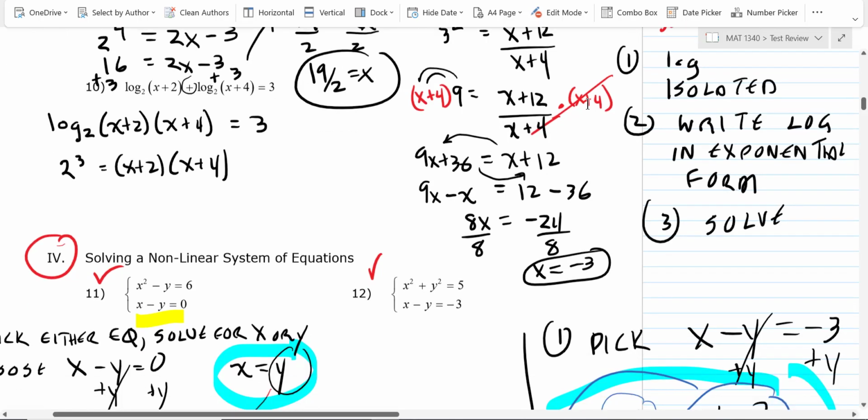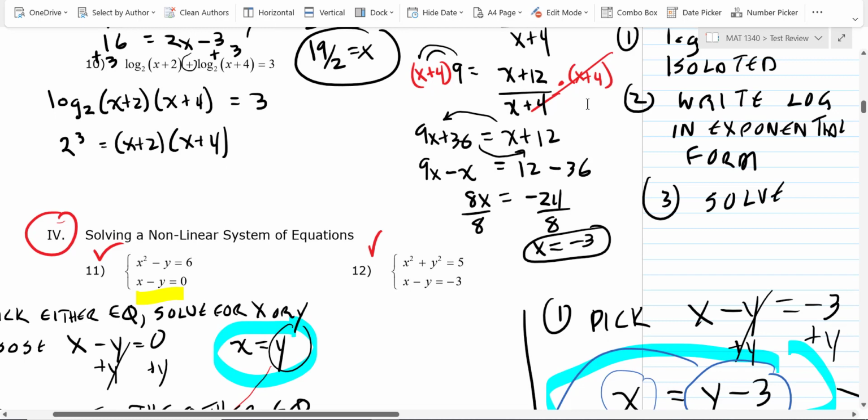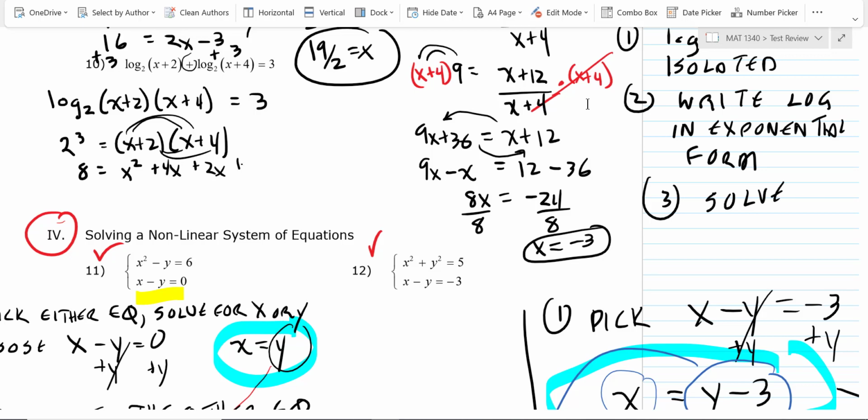Now that is a quadratic equation. How many times today has a quadratic equation popped up? You're going to see it popping up a lot in the final exam. So we got 8 here, and then you got to FOIL this, because you got to multiply this thing out. So you have x squared plus 4x, and then the inside term plus 2x, and then 2 times 4 is 8.